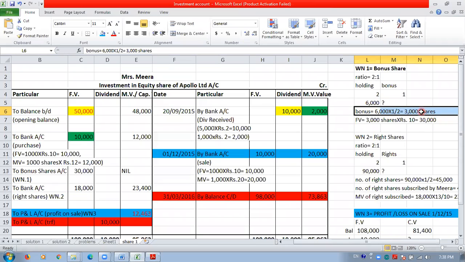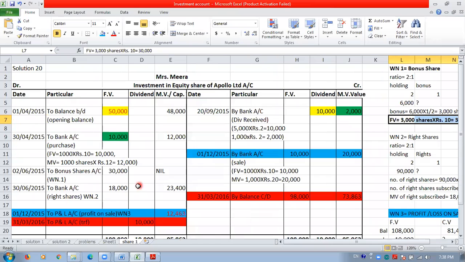So this is the number of shares which Meera is going to receive as bonus shares. So 3,000 is the number of shares. Multiply it with the 10 face value. So 30,000 is your face value for bonus shares. So accordingly we calculated, and we have to enter this 30,000 in our ledger account. So here we enter this.